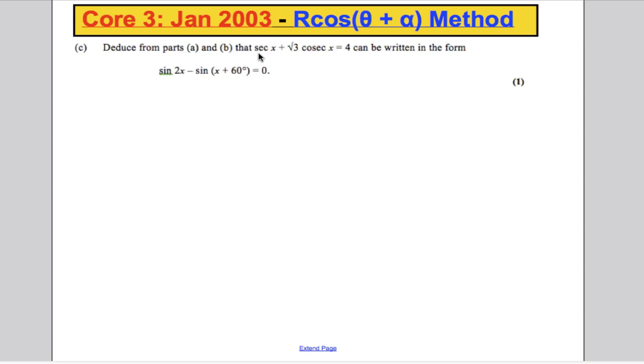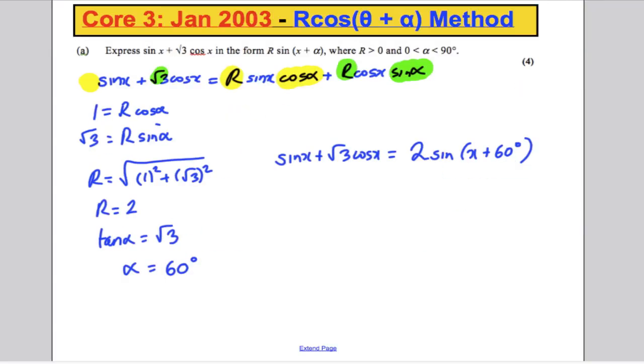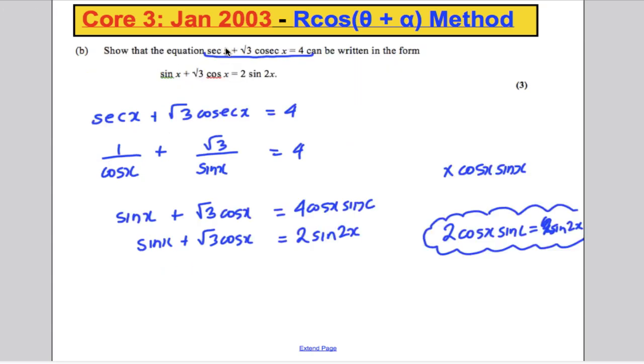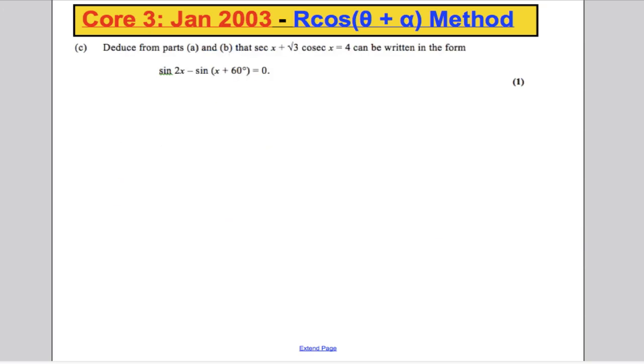Deduce from parts A and B that this can be written in that form there. Now, let's go back to part A and part B. Part A, we found another expression for sine x plus root 3 cos x. Part B, we've shown that this equation with sec can be written like that. I have now got this equation, and I know that this equation here is the same thing.